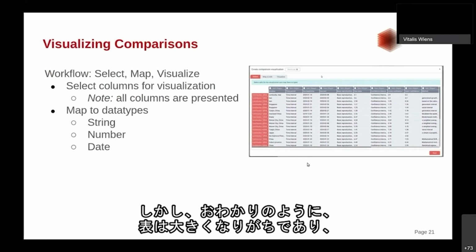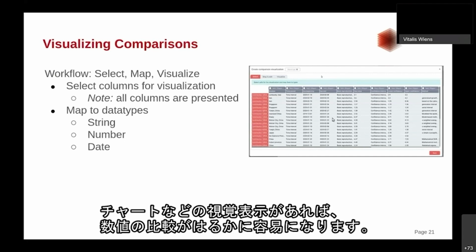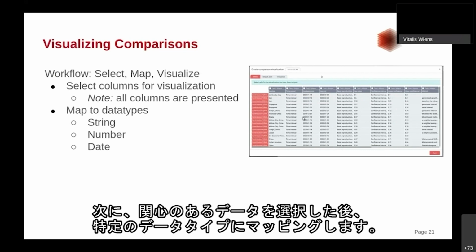But as you can see, it tends to become very large, and it is much easier to compare numbers when we have visual representations such as charts. And then basically, after we have selected data that we are interested in, we map it to specific data types.